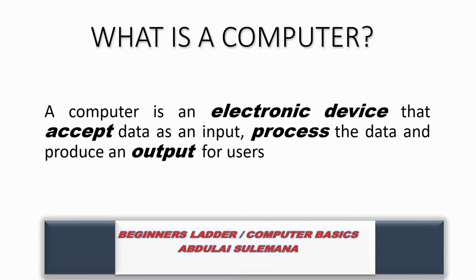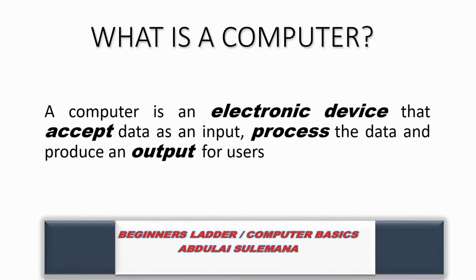So a computer should be able to accept you to type 1 plus 1 onto it, which is accepting data as an input. It should also be able to reason enough to know that 1 plus 1 is 2 and produce the 2 for you to use. So that's the processing and the output.